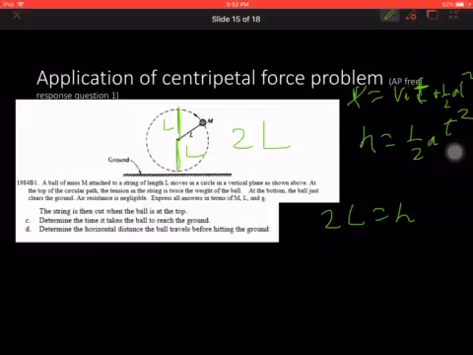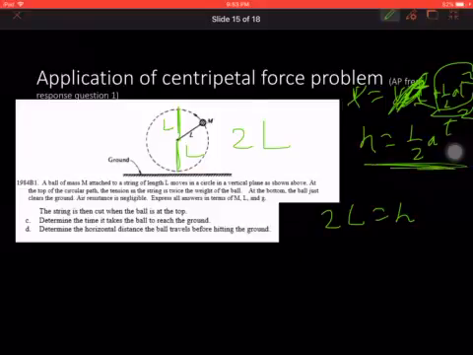We're given that V initial is 0, because the ball is moving horizontally, so the vertical velocity is 0. That takes out this term, leaving just half AT squared. And that's how you derive this formula.